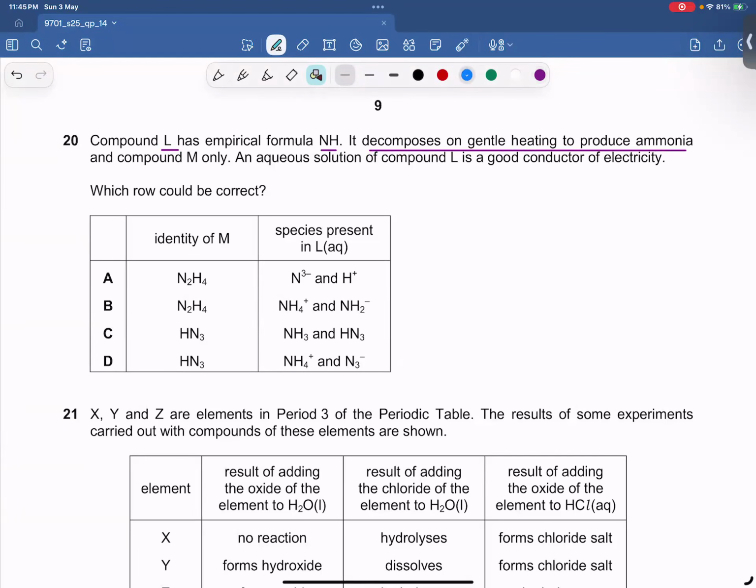According to my lecture, ammonium salt is decomposed on heating to give ammonia gas.